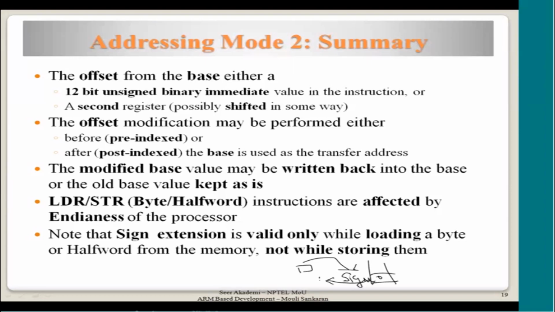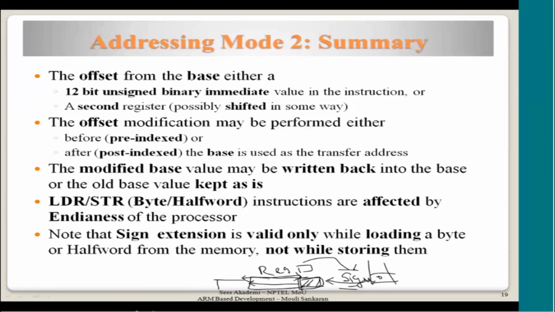If you are loading a signed byte into a register, the byte which is being copied from the memory occupies only one byte. But if it happens to be a signed byte, I want the processor to extend the sign so that it preserves the value. Any signed value will preserve its value if the sign bit is extended to any number of bits.